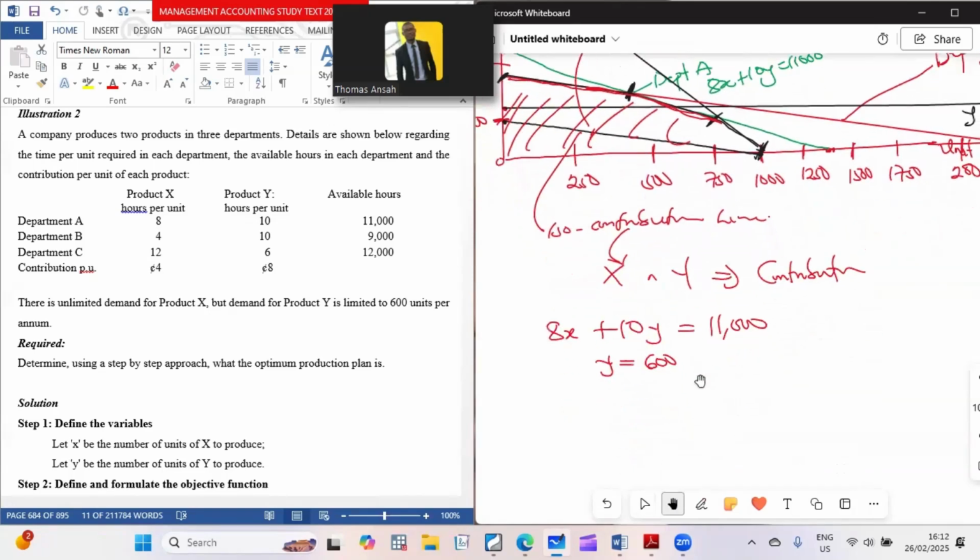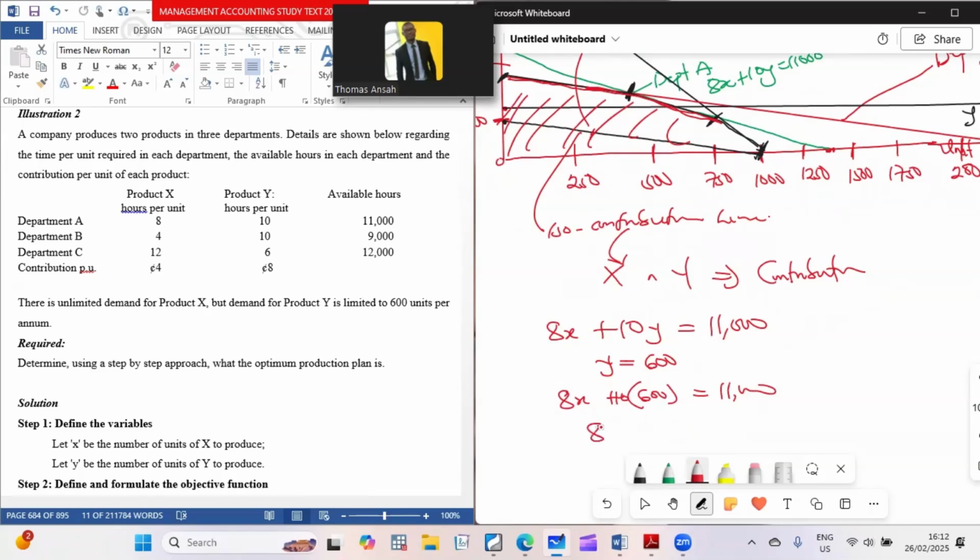And that tells you that if that is the case, you have 8x plus 10 times 600 here. So what is x therefore? 10 times 600 is 6,000, right?